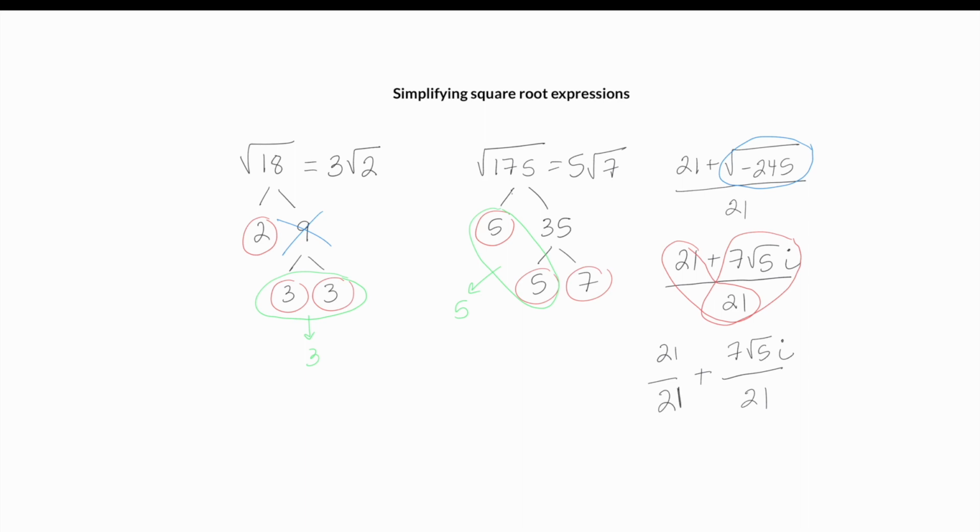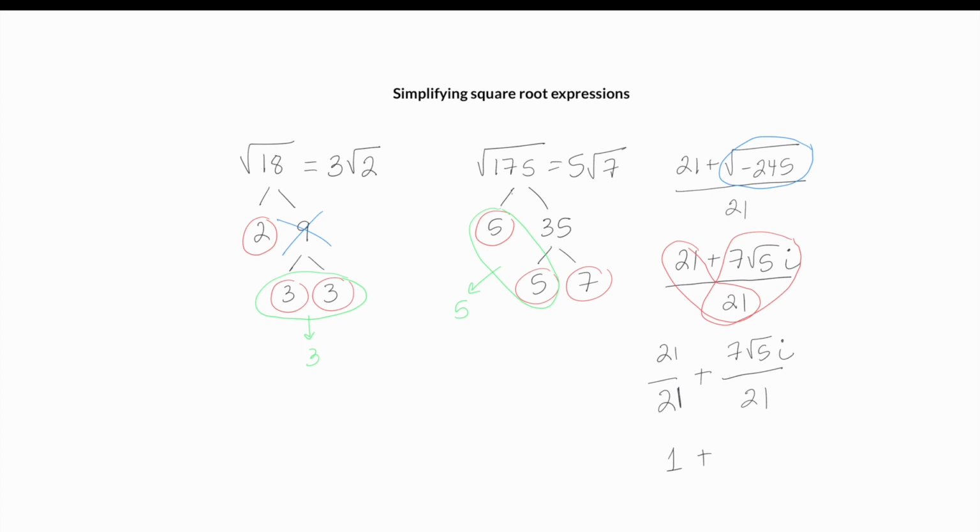So 21 over 21 here is 1 plus, and with the second fraction, I have a 7 that is outside of the radical right here on the top of the fraction, and a 21 that's also outside of the radical at the bottom of the fraction. And both of these numbers, the 7 and the 21, are divisible by 7. So I'll go ahead and divide each by 7, which will make this 7 into a 1 and this 21 into a 3.